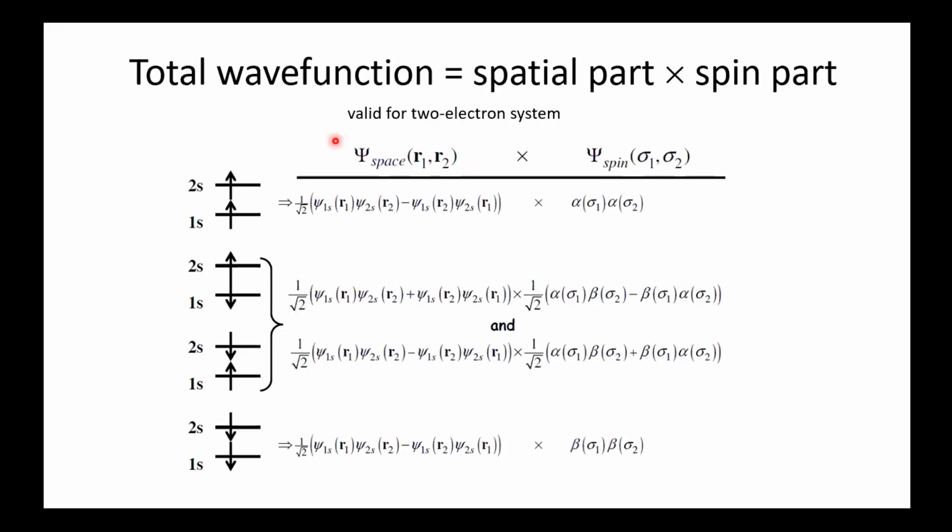Okay, now we can construct the total wave function. Like I said, it includes both the spatial part and the spin part. In the specific case of a two-electron system, we can write the whole thing in this kind of form, because if we go to more complicated systems, they cannot be fully separated.